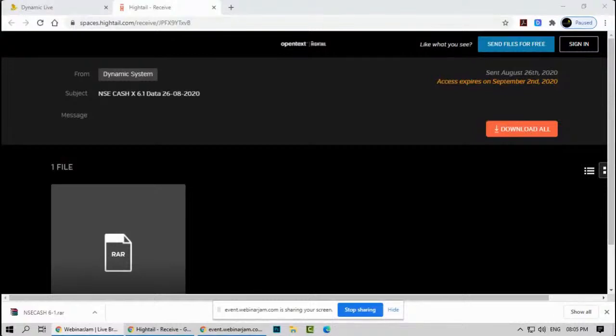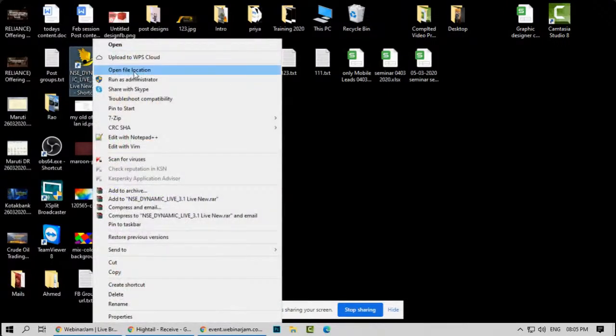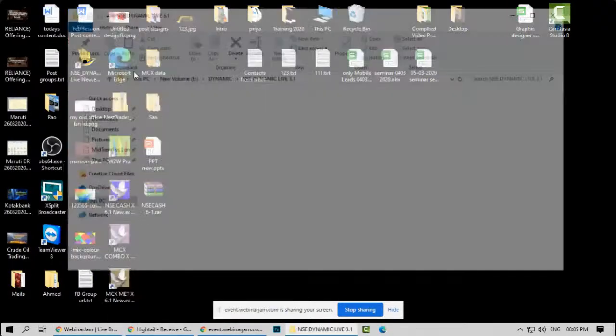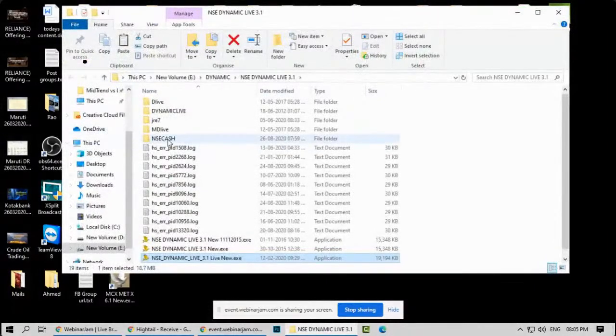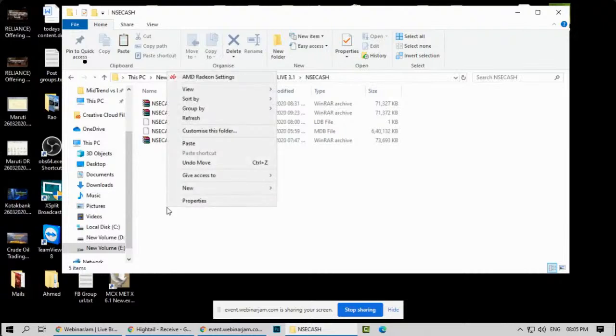All right, anyways, I'm not able to share my desktop screen. On the desktop, your Dynamic Live icon will be there, the golden dove symbol. You can right click on this and click on the first option, Open file location. In this, there is a folder, the NSE cache folder. Double click on it, and here you can paste it.